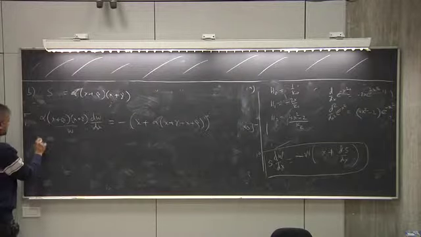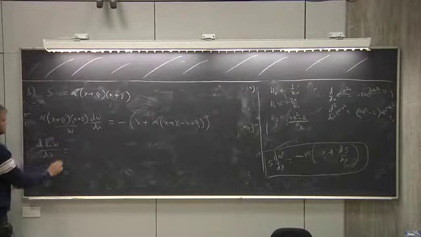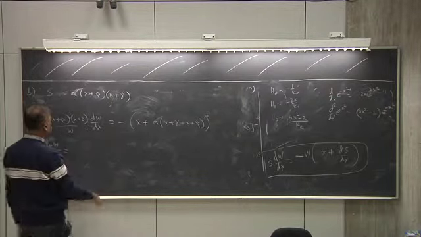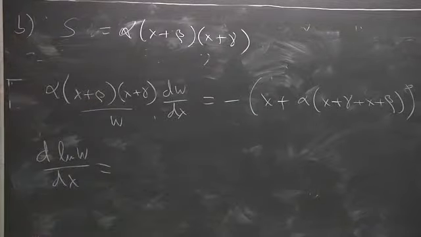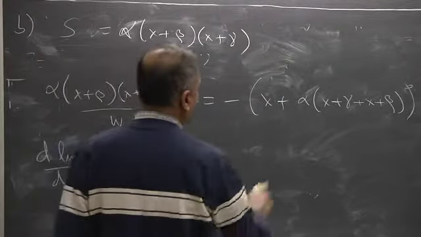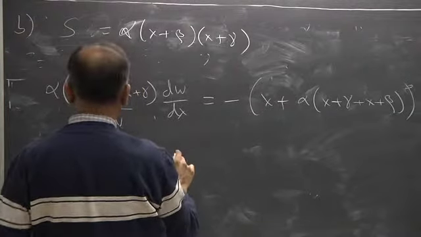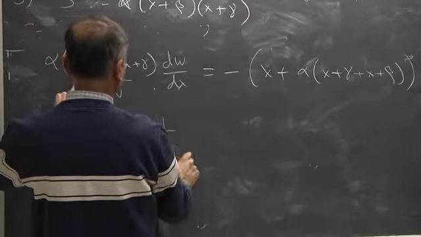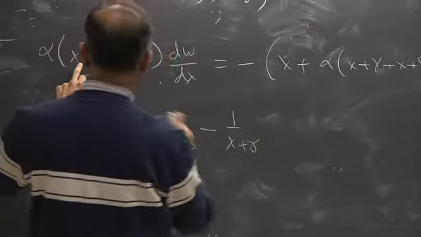So therefore d log w by dx is equal to, and now we have to bring this on the other side. So we have to do this partial fraction. This part is easy, so let me first start with that. This alpha cancels there, so you get 1 over x plus beta, and then minus 1 over x plus gamma, right?